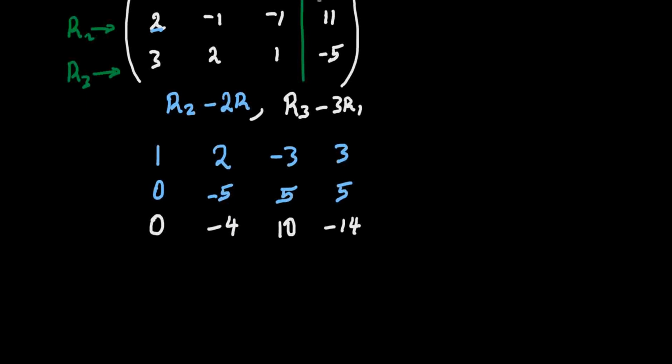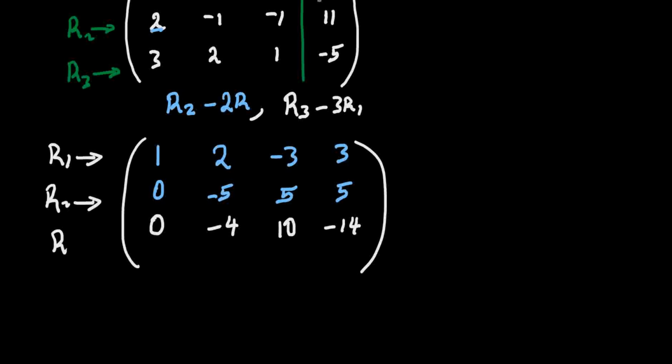So let's quickly put this in parentheses. Remember, this is your row 1. This is row 2. And this is row 3. Okay, good. So we have a task here to change this to 0.